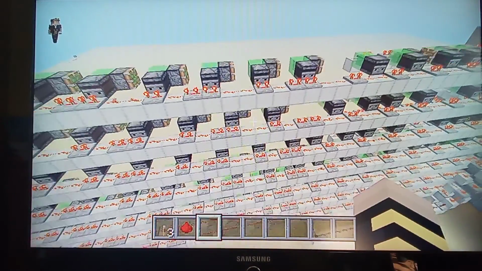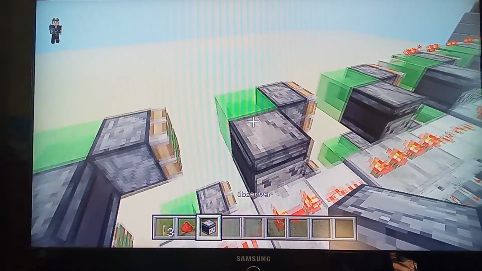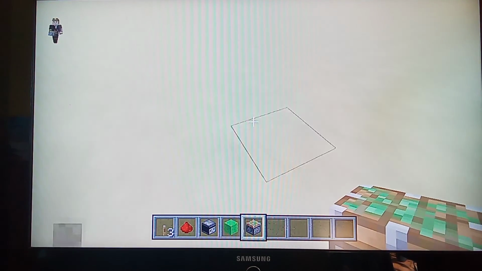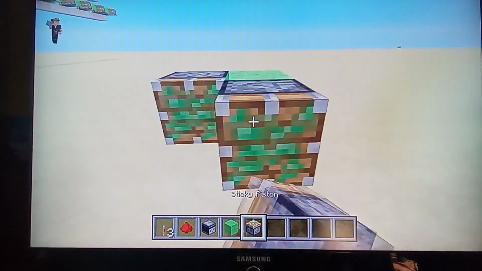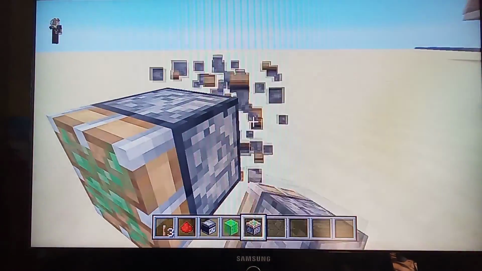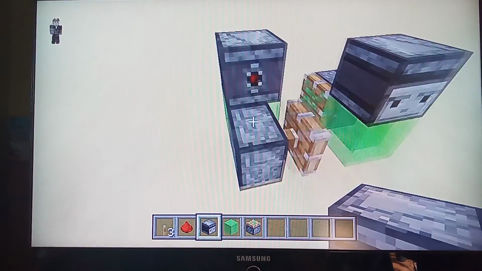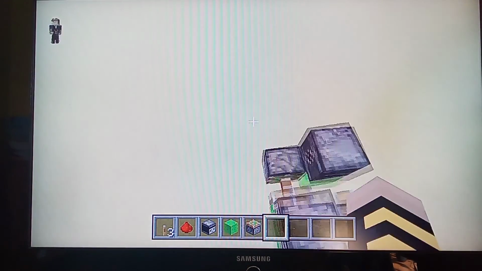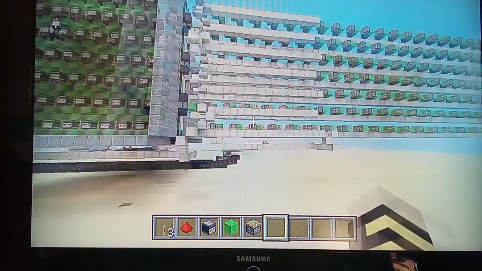But there is one single problem. One singular problem. If we just go down here and make a simple flying machine, as you can see, I've just made a simple flying machine, but there is a difference between this and that.